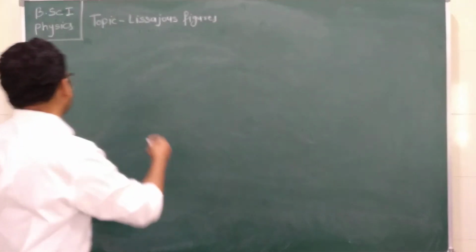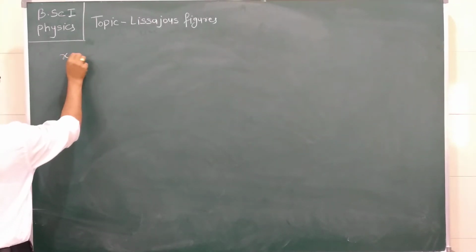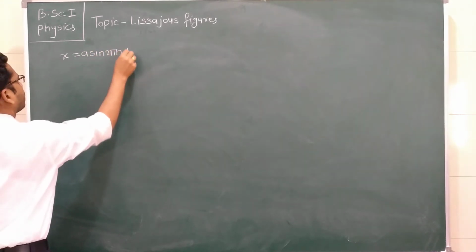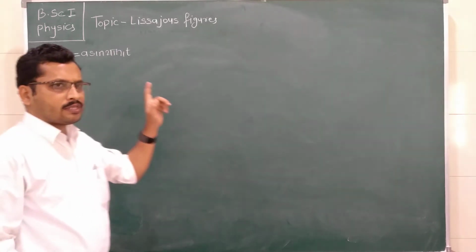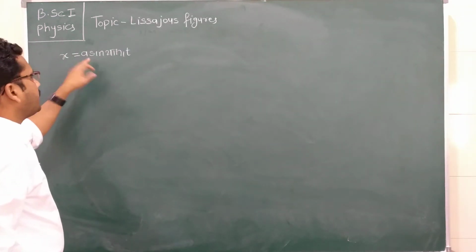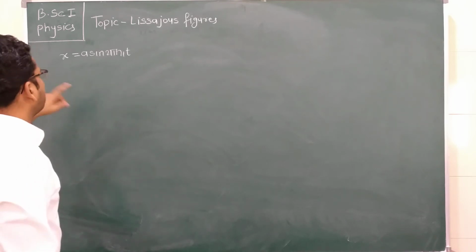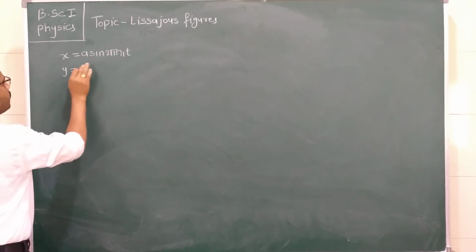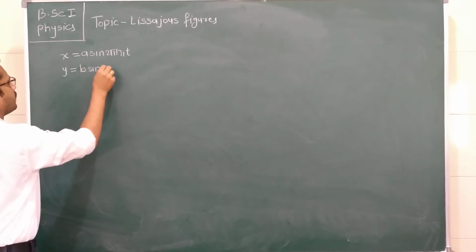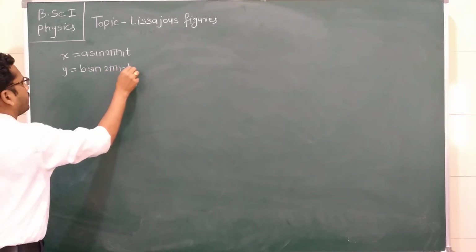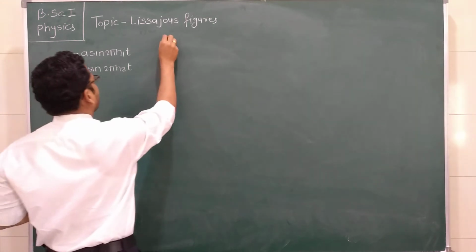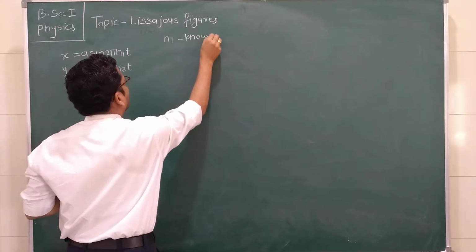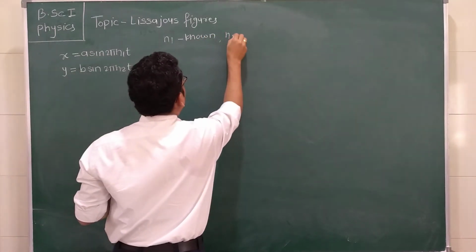When they superimpose on each other, write the first simple harmonic motion as x is equal to a sin 2 pi n1 t, where n1 is the frequency of the first SHM and a is its amplitude. Now we consider a second SHM, which is given by y equal to b sin 2 pi n2 t. Here n1 is a known frequency and n2 is an unknown frequency.